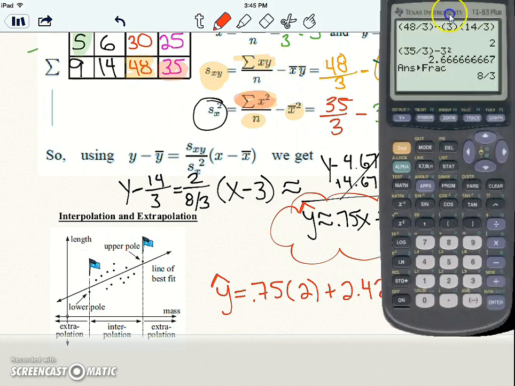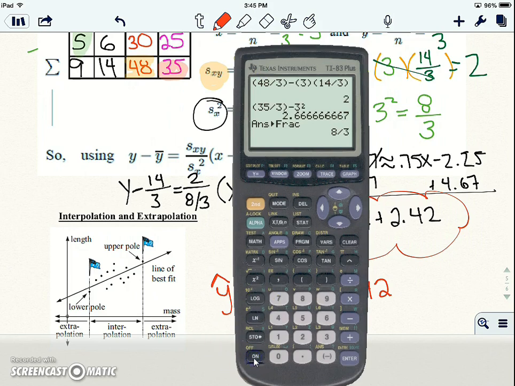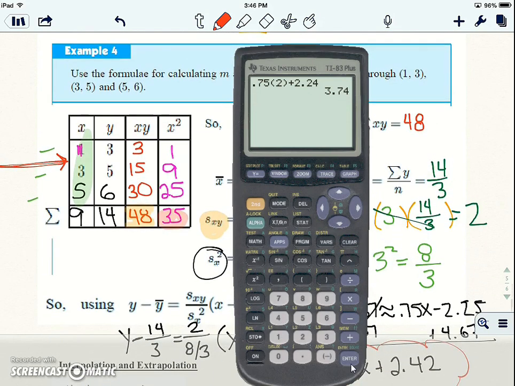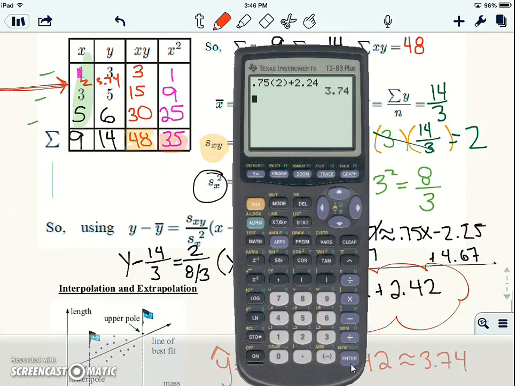And I would quickly plug that in my calculator. 0.75 times 2 plus 2.42, and it would say it's going to be about 3.74. And if we go back up and look at our data, that makes sense. It'd be 2 and 3.74. So that's how we use this.